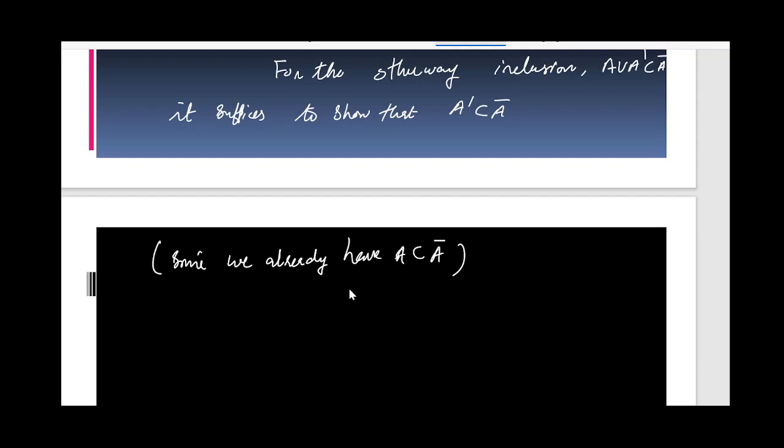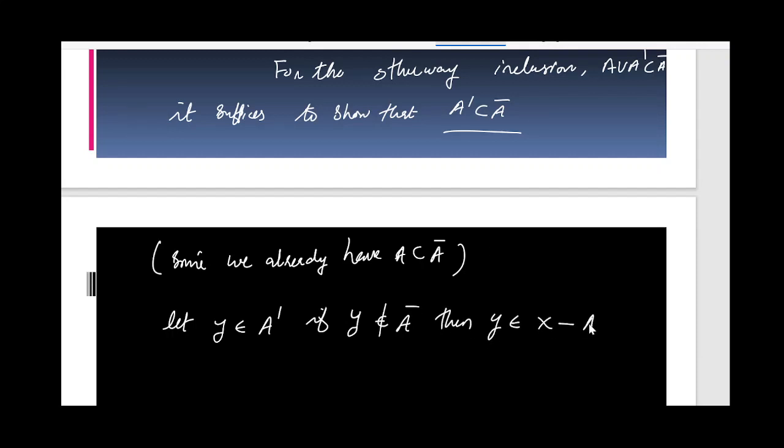So let Y belong to A dash. We want to prove A dash is contained in A closure. If this Y does not belong to A closure, what will happen? Then Y belongs to X minus A closure. Since A closure is closed, X minus A closure is open.